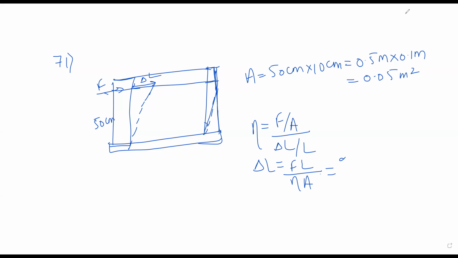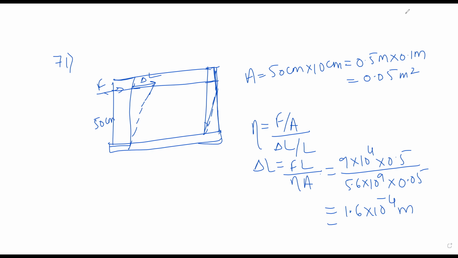So just substitute all the values. F value is 9 into 10 to the power of 4. L is 0.5 divided by 5.6 into 10 to the power of 9 into area is 0.05. So if we simplify this one, we are getting 1.6 into 10 to the power of -4 meter, or you can write this one as 0.16 millimeter.